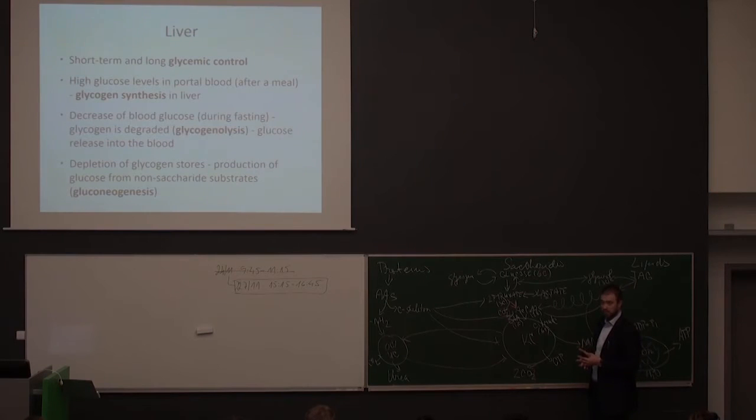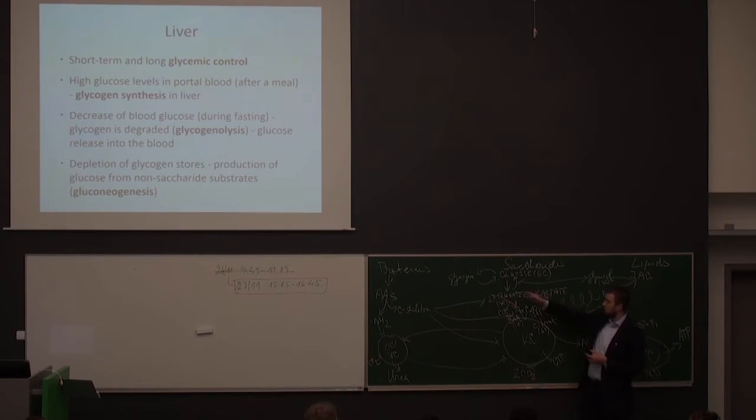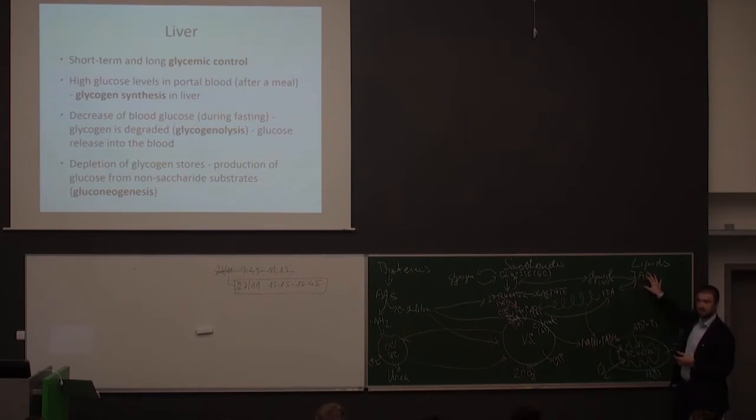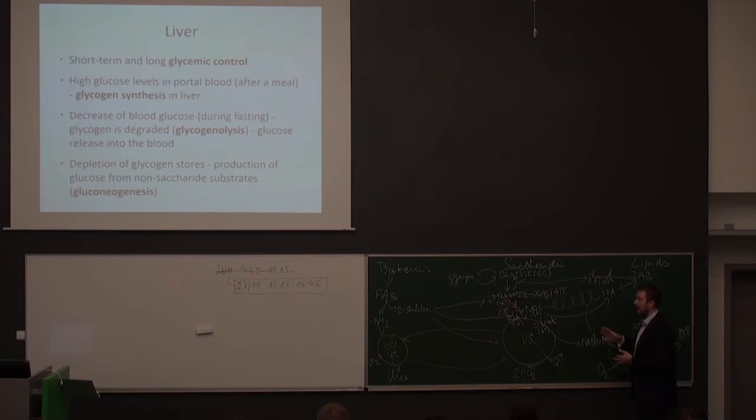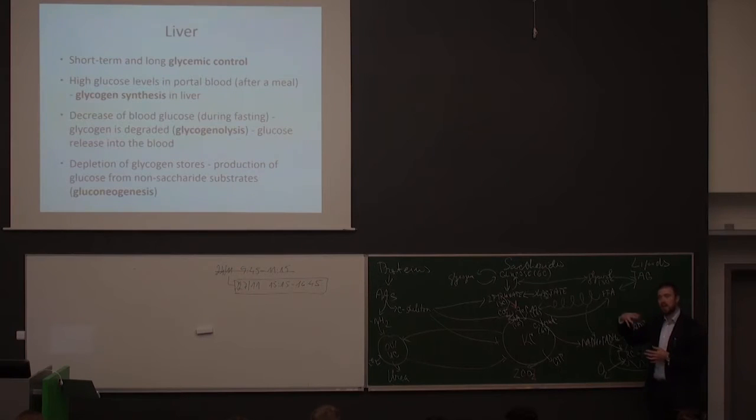Then, if you have an excess of glucose, you can oxidize it in glycolysis, and you can fully oxidize it in the Krebs cycle and respiratory chain, or you can convert saccharides to acetyl coenzyme A and then produce fatty acids and triacylglycerols. All these things proceed inside the liver, and liver cells are the first cells that meet the nutrients from the intestines after the intestinal wall. For all blood from the intestines comes inside the liver through the vena porta.